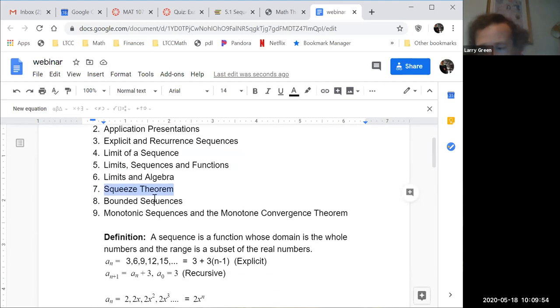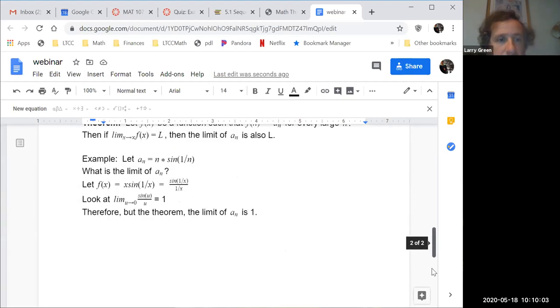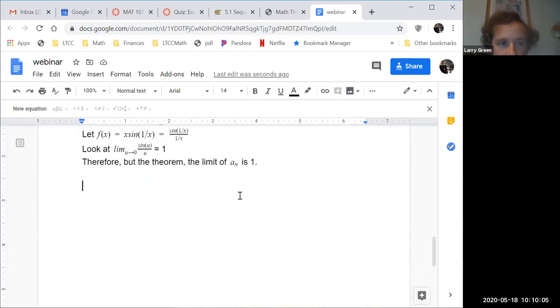I do want to spend the next few minutes talking about bounded sequences, and then monotonic and the monotone convergence theorem. So first thing is the definition.